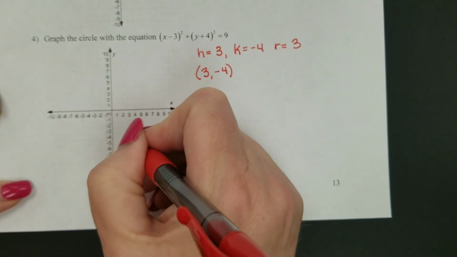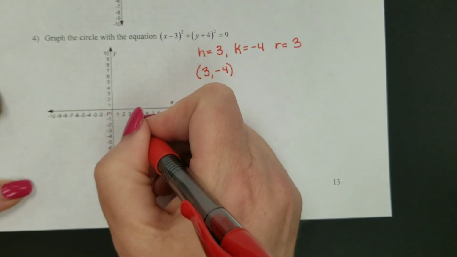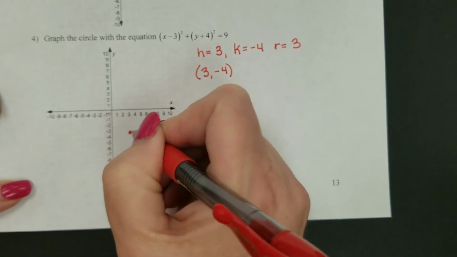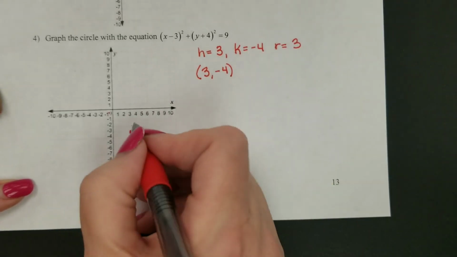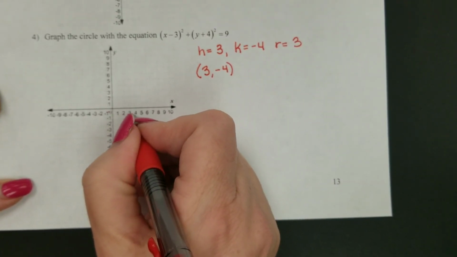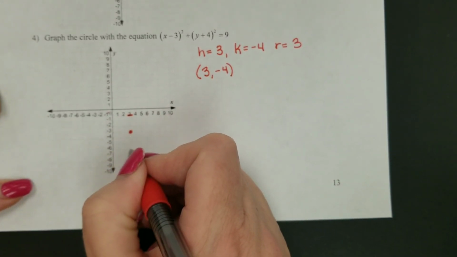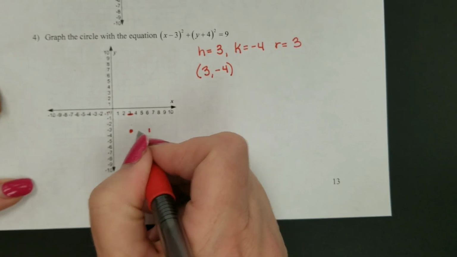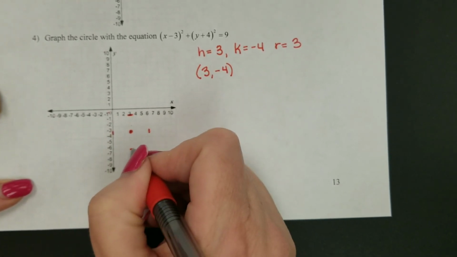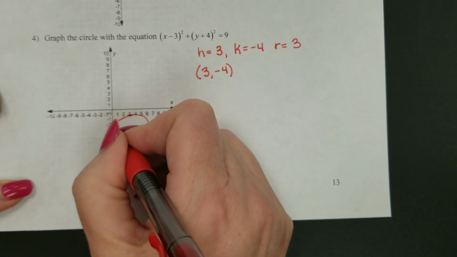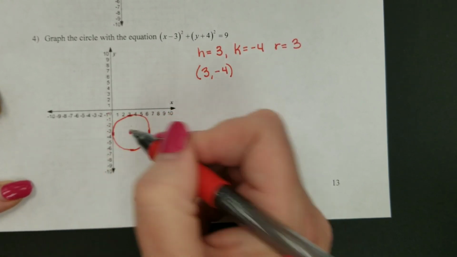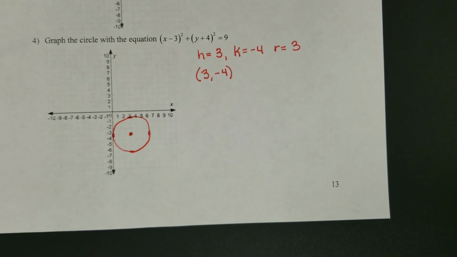I'm going to find that point, 3, 1, 2, 3, 4, negative 4. That's my center. And then I'm going to go up 3, down 3, to the right 3, and to the left 3. And then put the circle in between those points. And I have graphed the circle that is given by that equation.